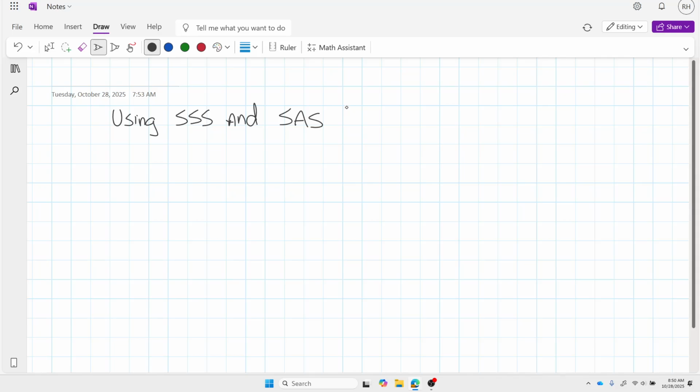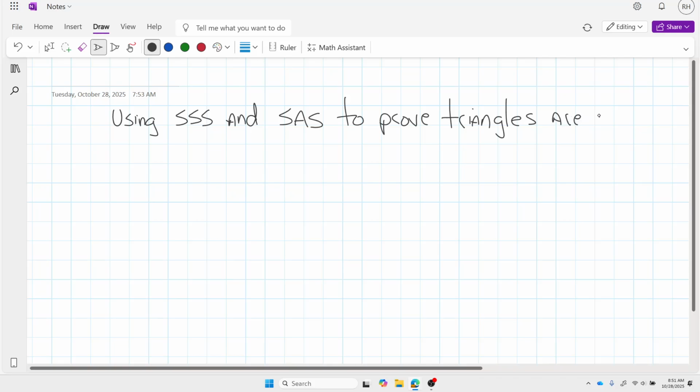We're going to use these to prove triangles are congruent and to write congruence statements.